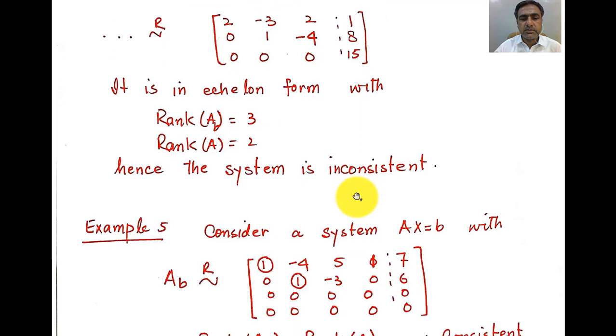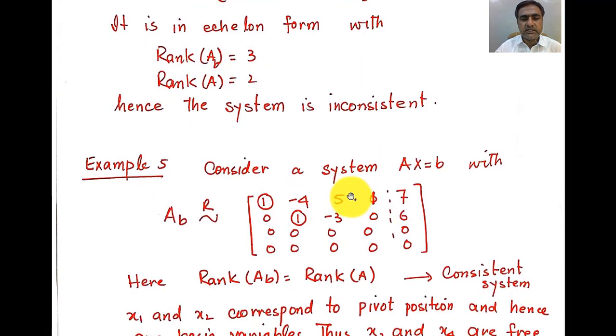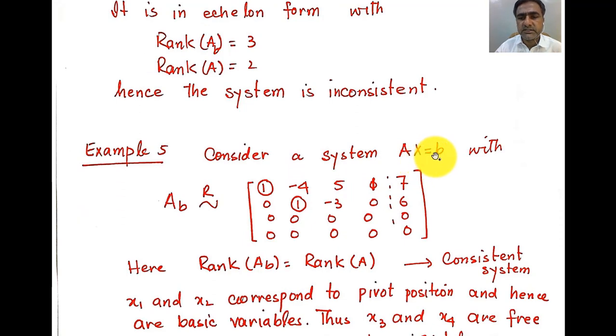In this next example, we consider a system where we will have infinitely many solutions. So assume I have a system, and assume I have its augmented matrix reduced into an echelon form matrix as this one. Here this is in echelon form. Rank of AB: in AB we see that there are 2 non-zero rows, so 2.